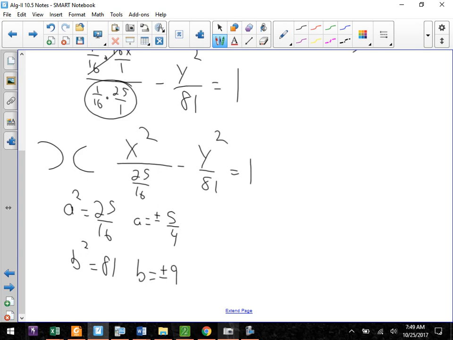Okay. So from there, you wind up with an a squared value of 25 over 16. B squared is 81. So a squared plus b squared will equal our c squared value. So we just get a c squared that just is kind of awful.